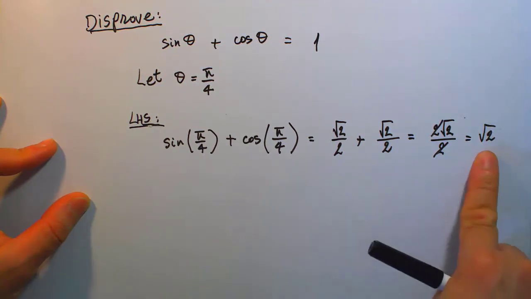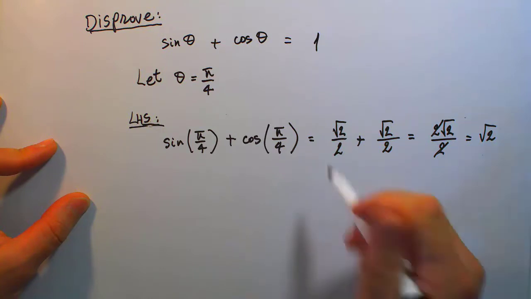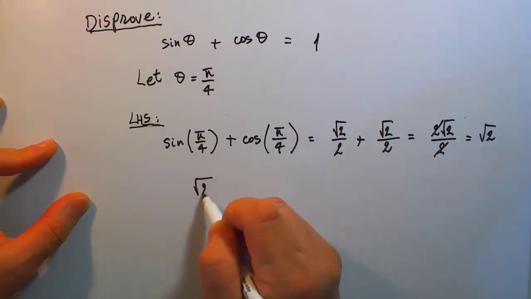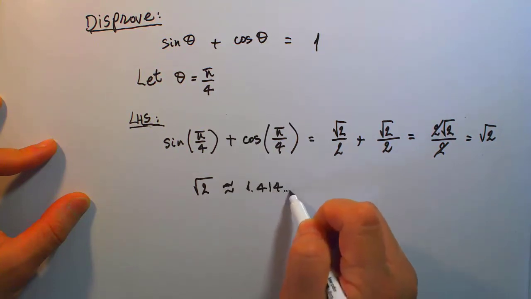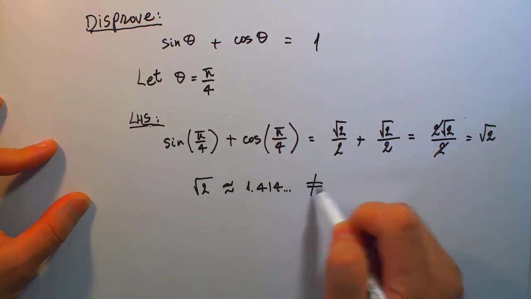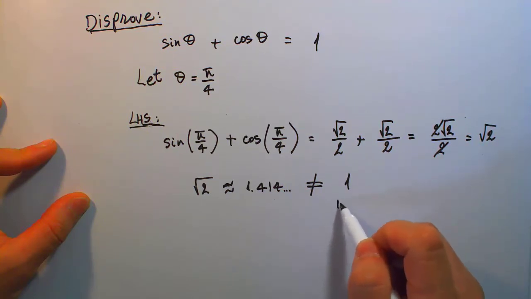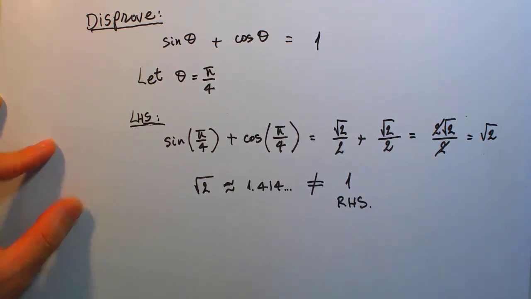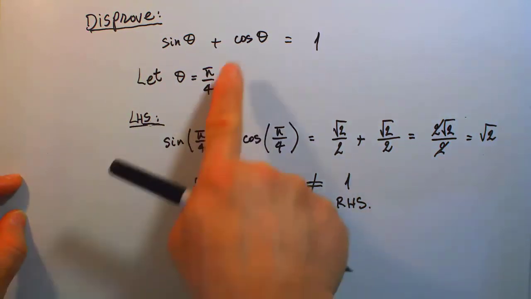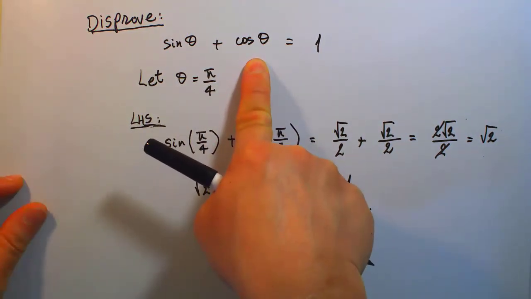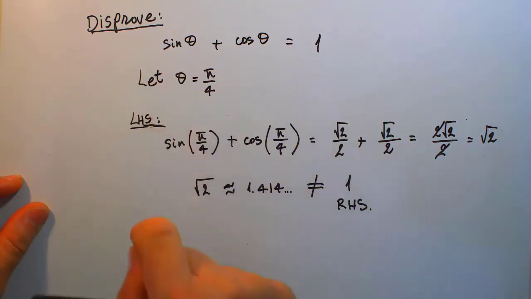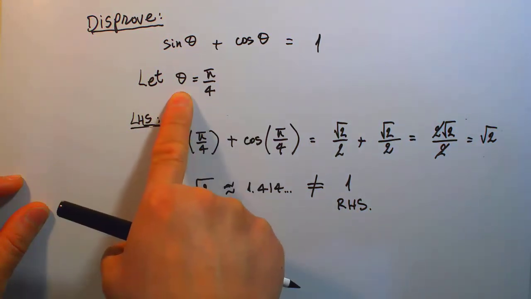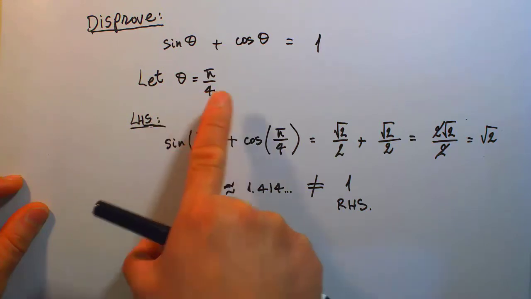And square root of 2 is approximately 1.414. So it's already not equal to 1, which is the right-hand side. So this equation, at first thought to be an identity, worked when theta equals pi over 2, but in a different example, theta equals pi over 4, it did not work.